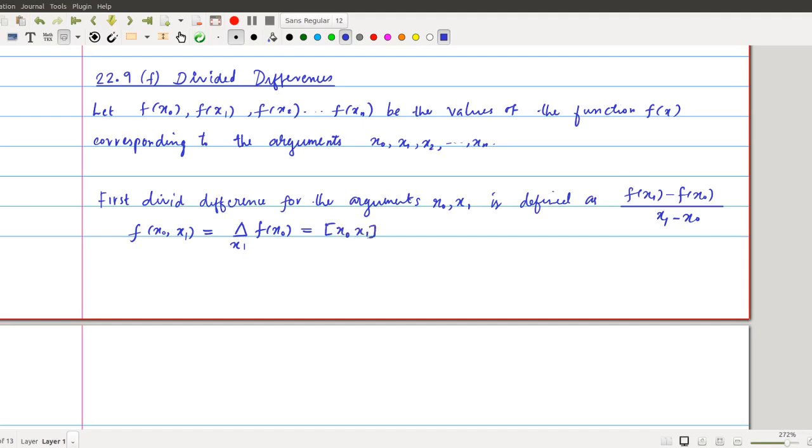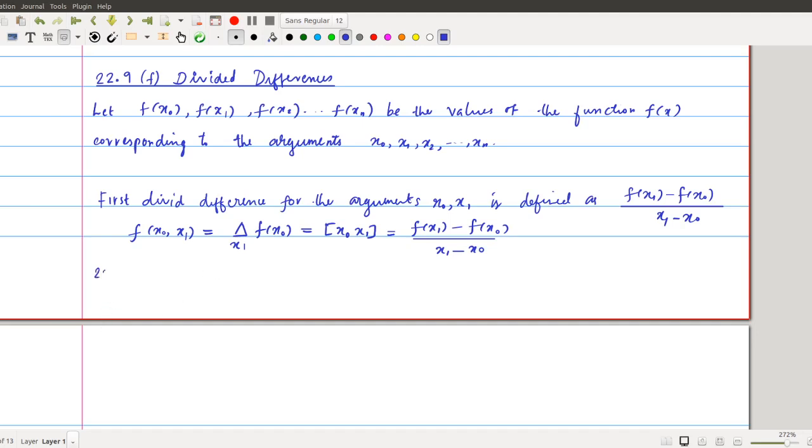Okay, so these are the notations to denote f of x1 minus f of x naught divided by x1 minus x naught. Okay, so this is the difference. Using this divided difference, we will explain one more divided difference formula.